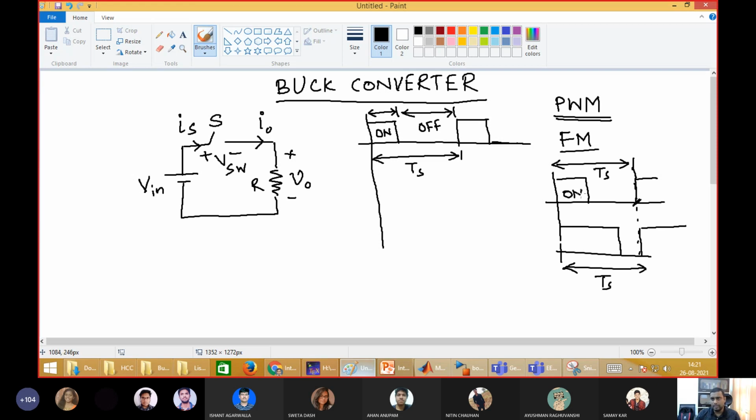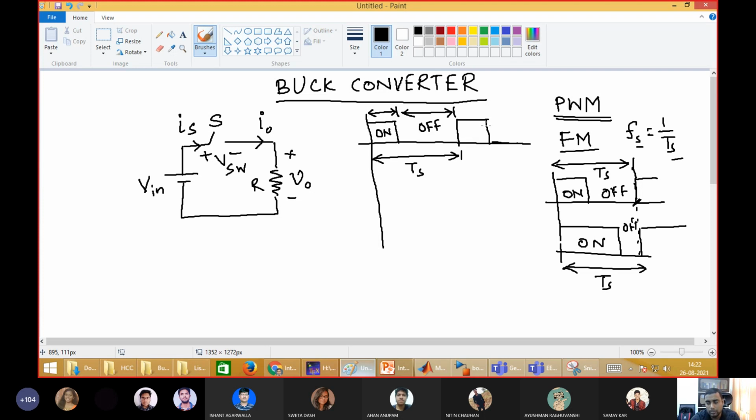This is on and this is off. You can see that the on period has increased here, but Ts is constant. Ts constant means the switching frequency is constant, as switching frequency Fs is 1 by Ts. This is called pulse width modulation. We are modulating the width of the pulse.